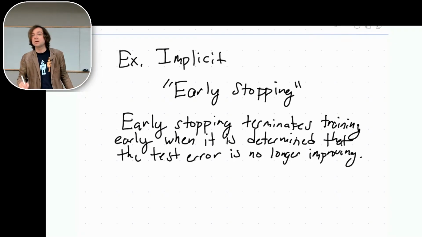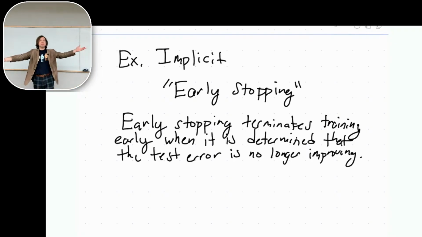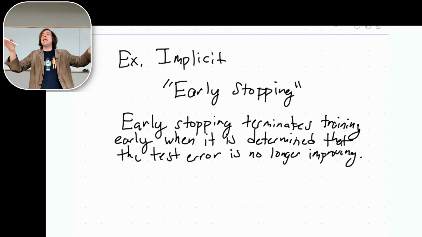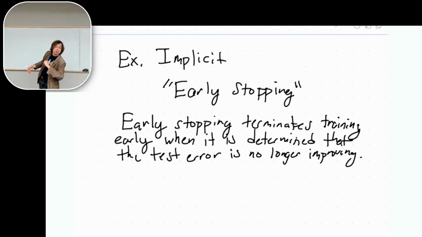Okay? And you can imagine how simple or complicated you can make this. You could stop as soon as it goes up. Maybe that's a little bit too extreme, but maybe it works. Or if your problem is such that it's going up and down a lot, you might say, I'm going to wait 10. See if it's better over 10 epochs, right? There are all kinds of choices you can make. One might call them hyperparameters.